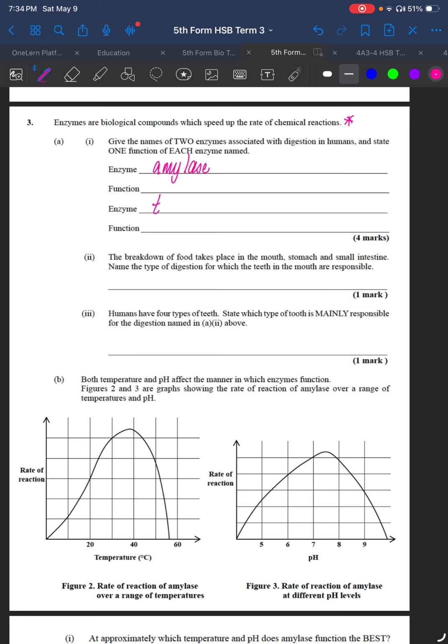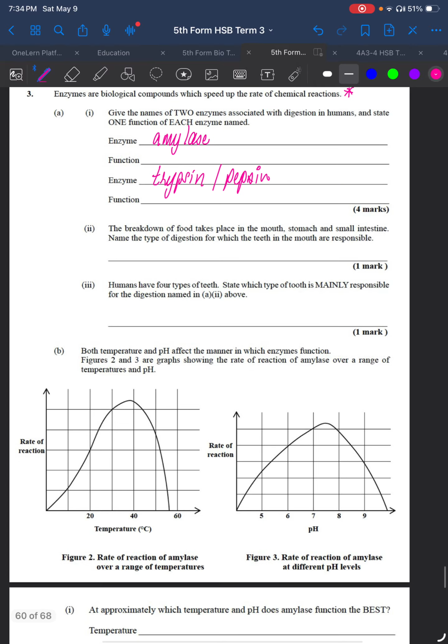You can give trypsin, which is an example of a protease, or you can give pepsin. Please only write one. I'm just showing you more than one now. And we said that both of those break down protein to peptides or polypeptides.